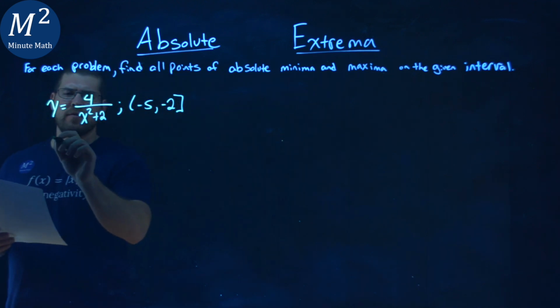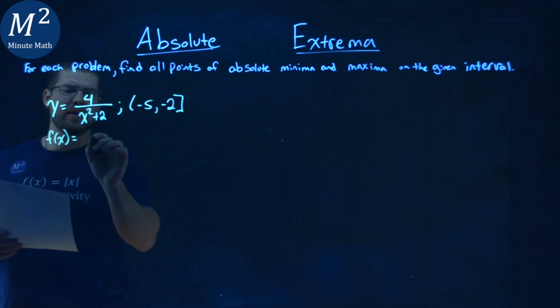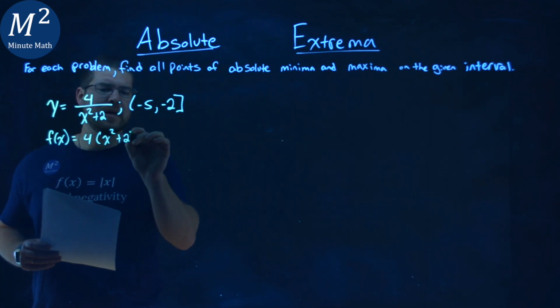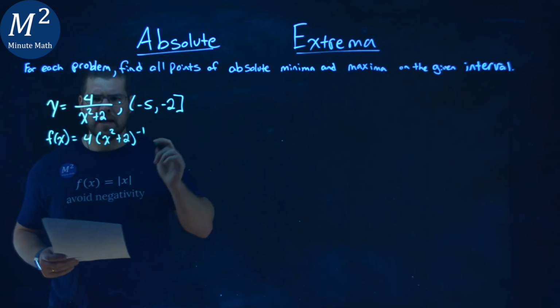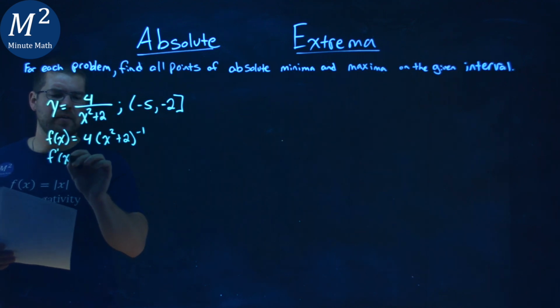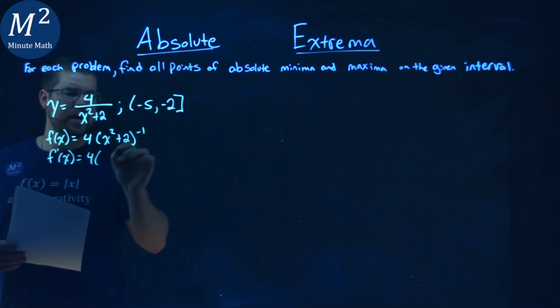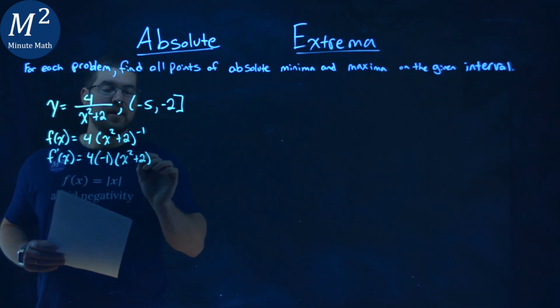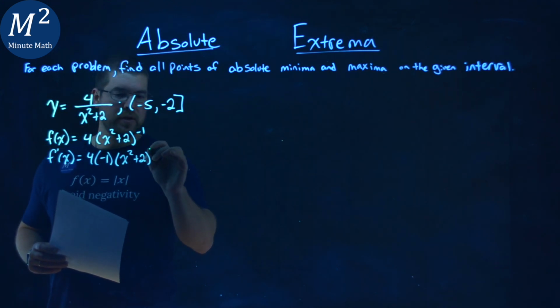Now I like to rewrite my function here, f of x, like so. I find it's easier to find the derivative. 4 times an x squared plus 2 to the negative 1 power. Now with our derivative, f prime of x here, 4 stays there, negative 1 comes down, multiply with the inside, x squared plus 2, subtract the exponent by 1, power rule here, negative 2.